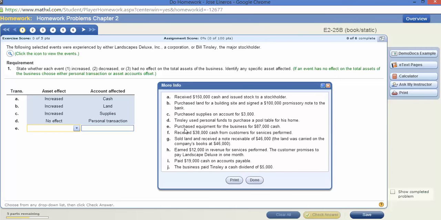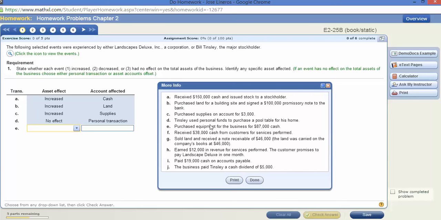Look at E here. Purchased equipment for the business for $87,000 cash. Excuse me, I'm on the wrong one. Purchased equipment for the business for $87,000 cash. So prior to the purchase of the equipment, the business had $87,000 sitting in total assets. It converted $87,000 of cash into equipment.